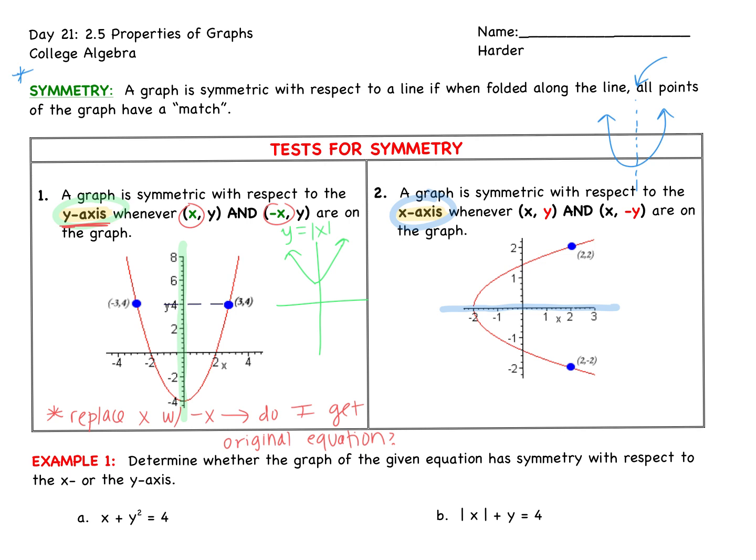The x-axis is going to be a similar idea, except this time you're replacing y with negative y. So if you're testing for symmetry with respect to the x-axis, you replace y with negative y, and then see if you get the original equation.